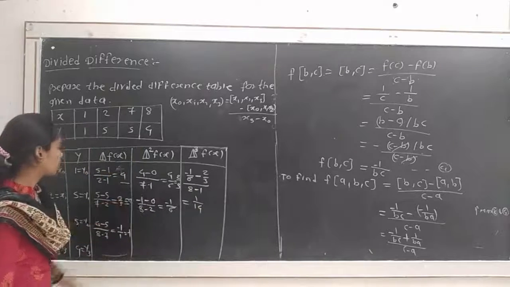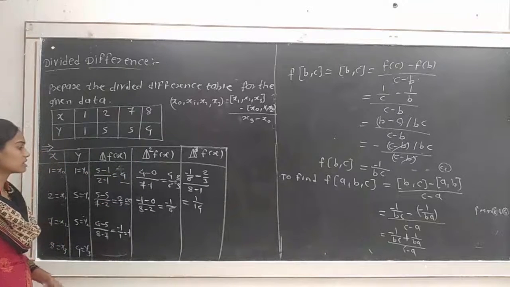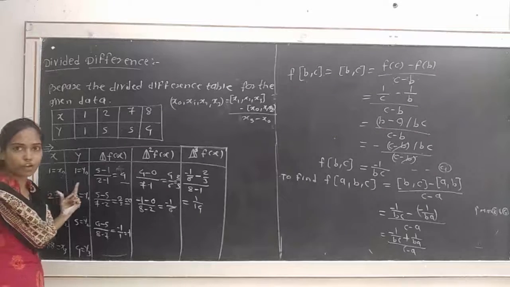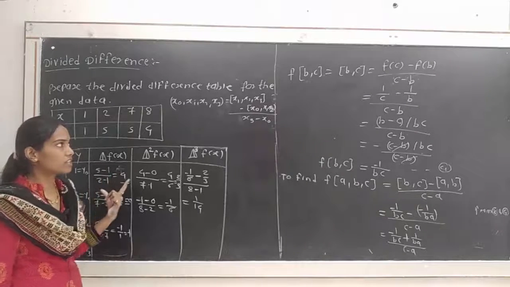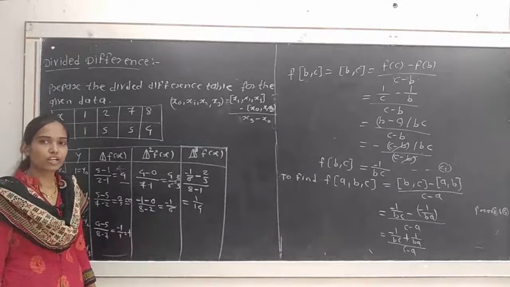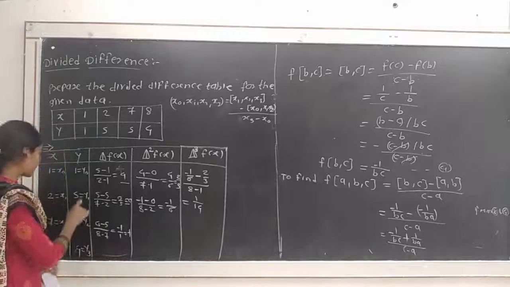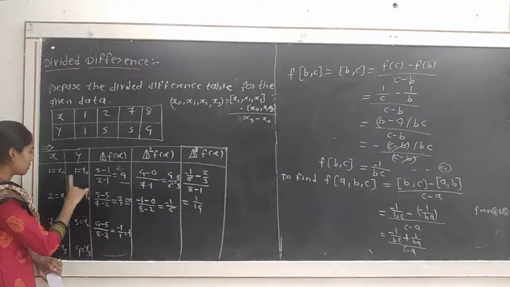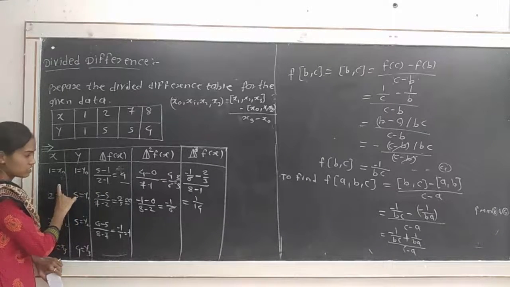So in this way we prepare the divided difference table for the given tabular values, or the pairs of values, for the function y equal to f of x by using the definition of divided differences. We take in the numerator the difference of the function values divided by the difference of the arguments.